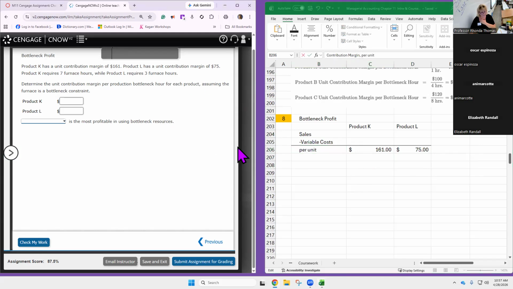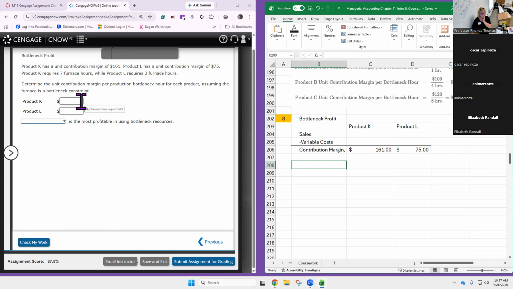Okay, now what is the bottleneck? The bottleneck is product K requires 7 furnace hours. Product L only requires 3. So once again, a constraint is just like a traffic jam. Everybody trying to get through a stoplight. Only so many are going to get through at the same time, and others are going to have to wait.